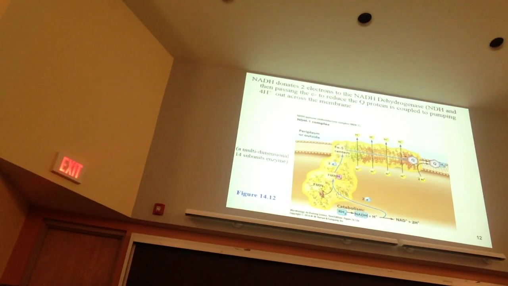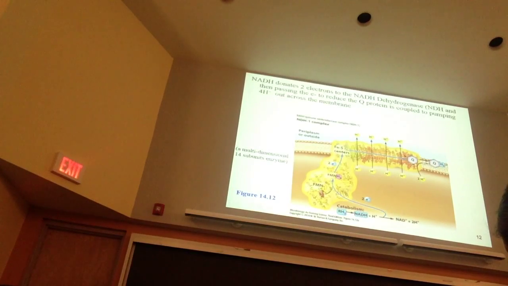Anything more I can tell you about this? Huge enzyme complex, transfer of electrons that were from NADH. It's a pair of electrons. One pair of electrons through this complex allows for the pumping of about 4 protons.